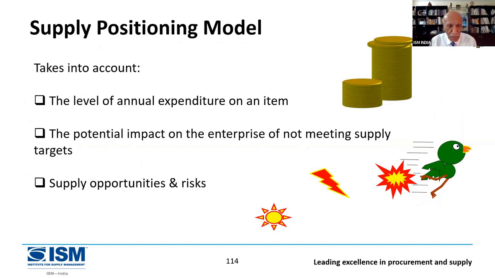How do I position the supply of my different sectors, different groups, or different categories, or even items? So what we are looking at is annual expenditure, how much money we spend. So we have potential impact on not meeting the supply targets, supply opportunity and risk.